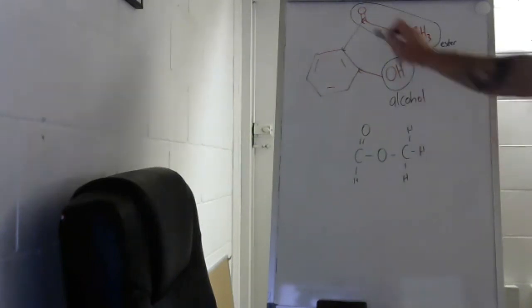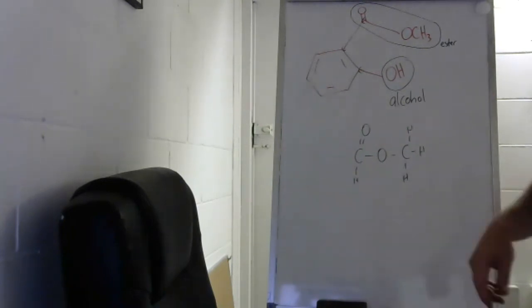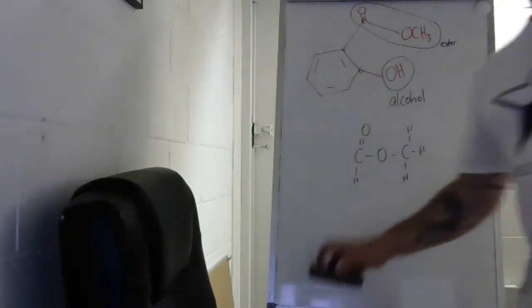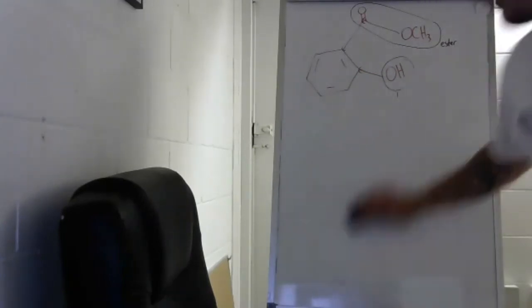So that is equivalent to that. It's just written in a slightly different way. So what I want you to do is start to look at the functional groups and how they're represented on different molecules. But we will go through that now. 6:45. We'll go slightly over time for that. Okay, so let's go back to names.